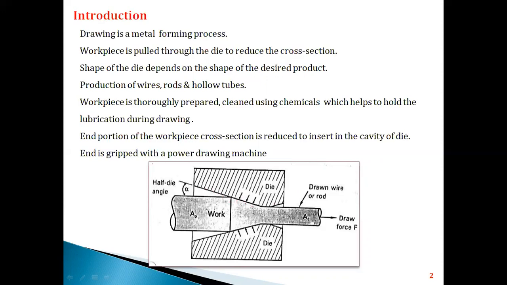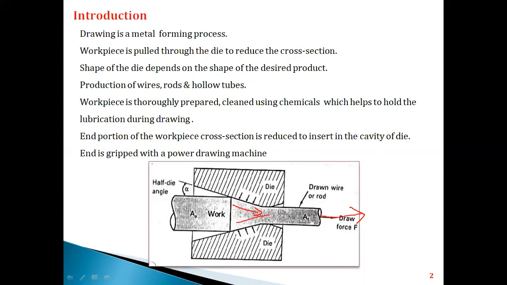In very simple words, it is a metal forming process where the workpiece is pulled through the die. You can see this is the pulling force, right here. Through this pulling force, the work material is being pulled through this die, and as it passes through, its cross section area goes on reducing continuously.